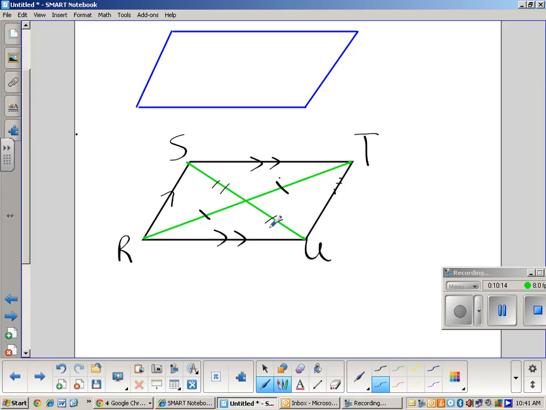Now, if I gave you values like this: here's an A, here's 2A minus 8, B plus 10, and B plus 2, how can I set that up and solve that?